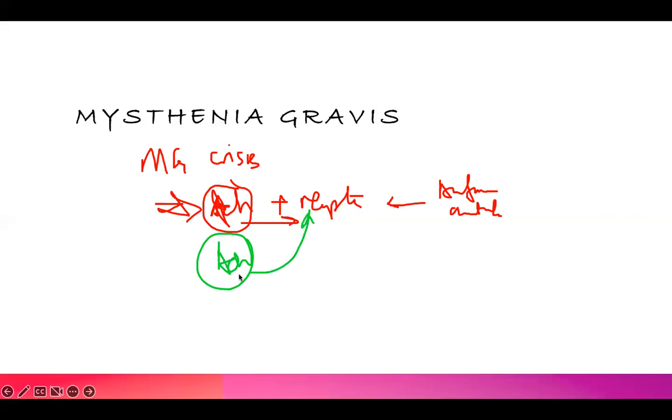How can you improve the acetylcholine level? Well, if this is acetylcholine, usually when your body doesn't use it, there is an enzyme, acetylcholinesterase. This is an enzyme that will break down the acetylcholine because you don't want your body to be in a cholinergic crisis.